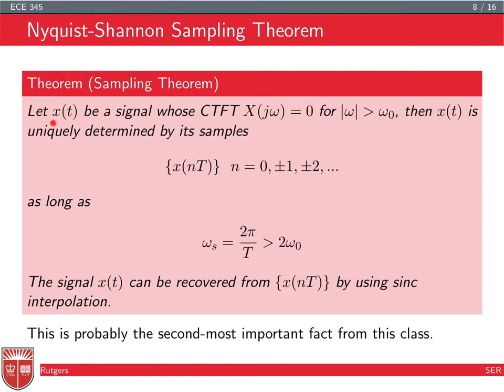It says that if x of t is a signal whose CTFT, x of j omega, is band limited, so the spectrum is 0 when the magnitude of omega is greater than omega 0, so it's 0 for all frequencies larger than omega 0, then x of t, which is continuous, is only determined by its samples taken at intervals of T. So here I'm sampling every T seconds, let's say.